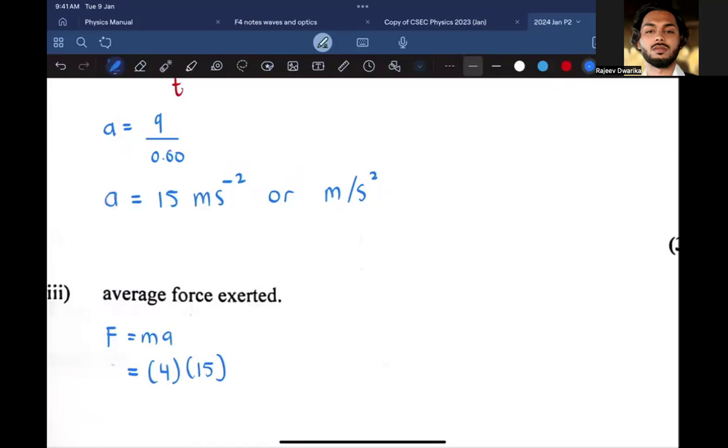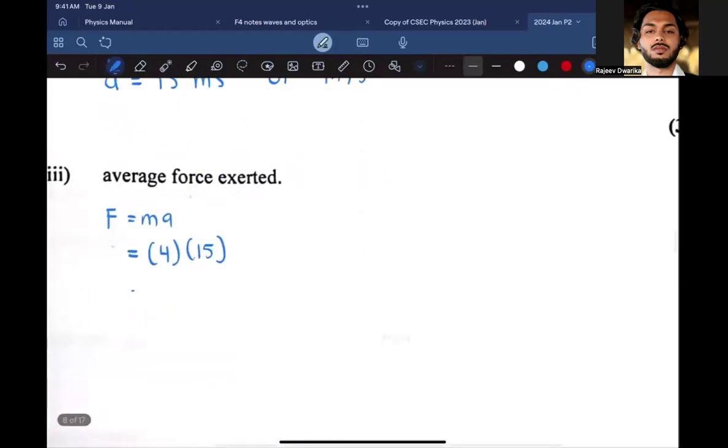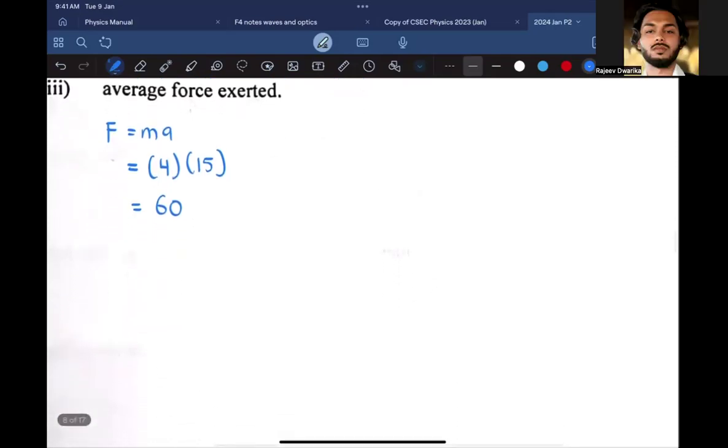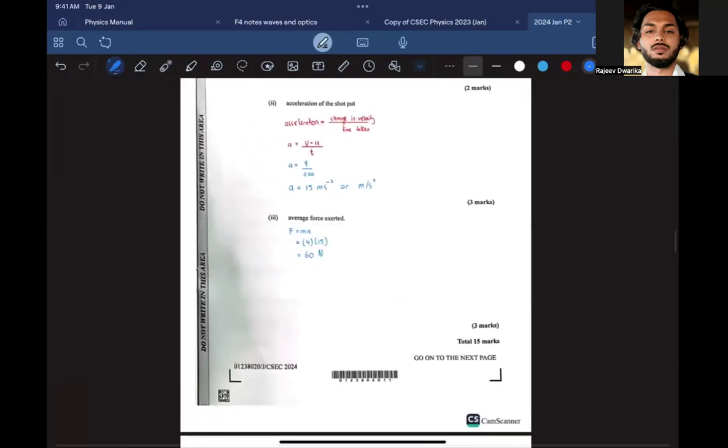Velocity and acceleration are two different things. So 4 by 15 is 60. And what is the SI unit? Newtons, right? So we measure force in newtons. Awesome. Let's move on.